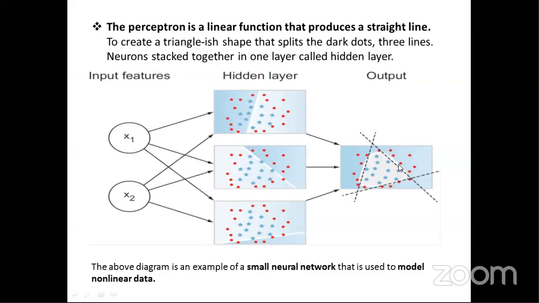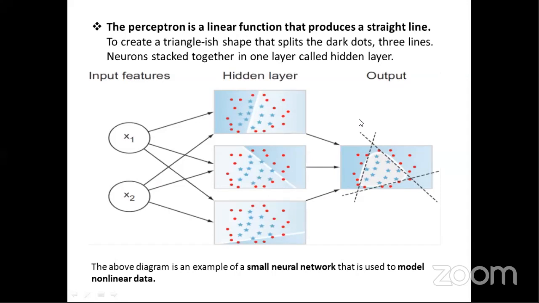There are two inputs connected to all three neurons, and all three neurons are connected to the output layer. We also call it a mesh network, as in computer networks. So this is a small neural network I have shown you with non-linear data.